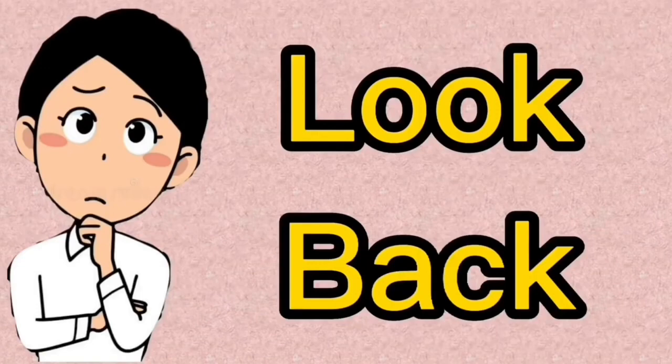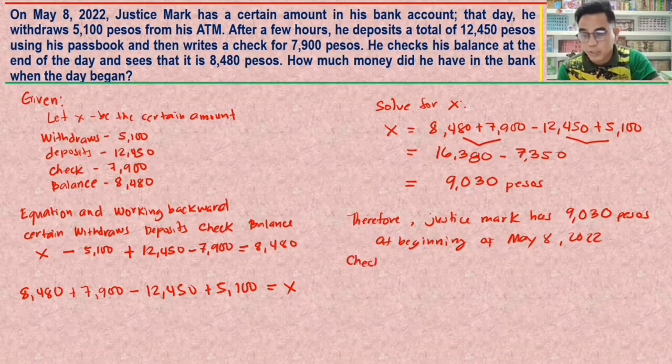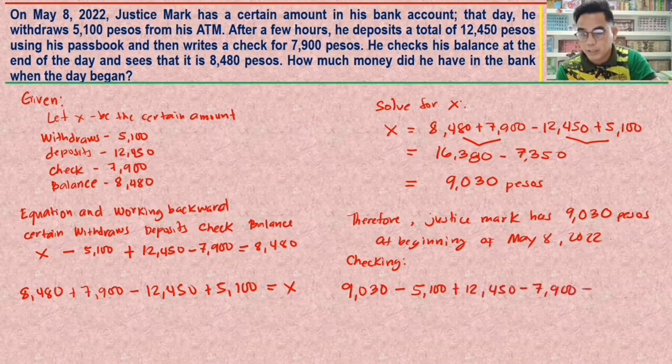Look back. In this part, we're going to check whether our answer is right or wrong by doing the checking. So let's do the checking here. Okay, let's put 9,030 minus the original equation, 5,100 plus 12,450 minus 7,900 equals 8,480.